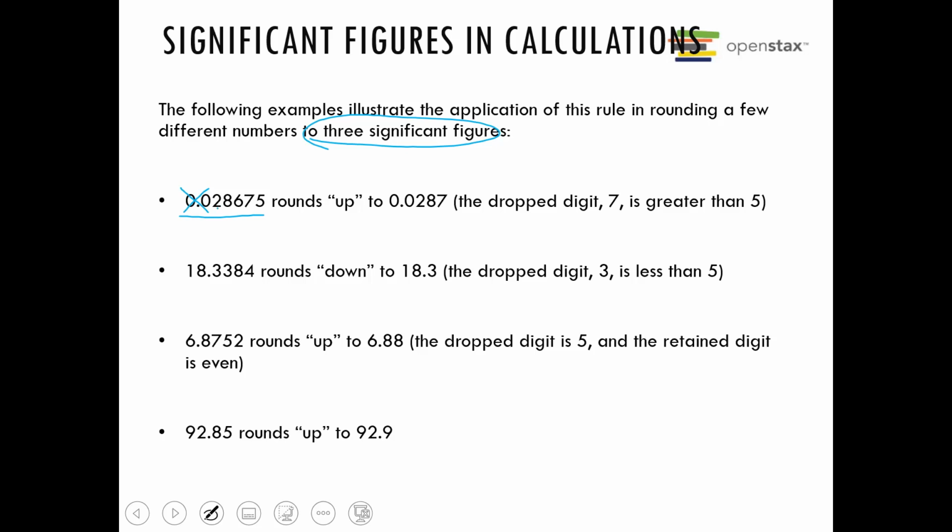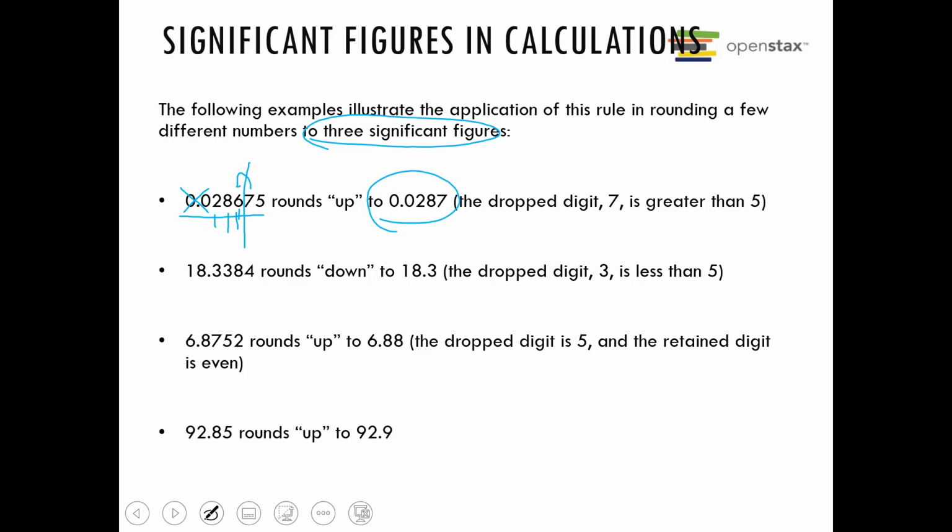So I would say, this is number 1, this is number 2, this is the third sig fig. So I would draw a line after my third, and then we just use regular rounding rules. What does that 7 normally do to a 6? Does it round it up, or would it stay the same? Because it's above 5, it would round it up. So I would round up to 0.0287.